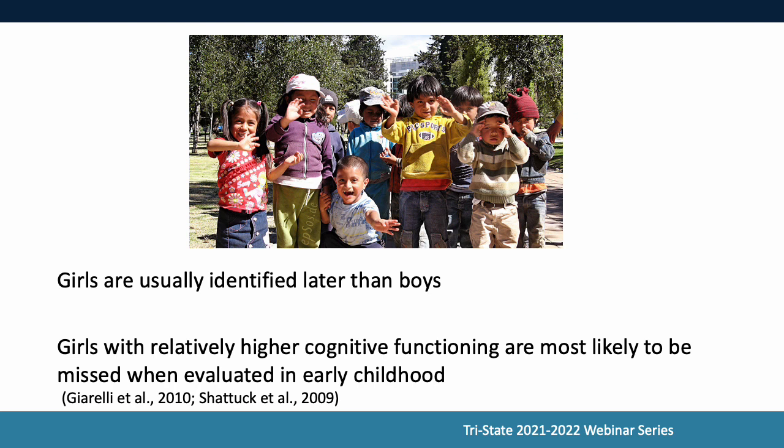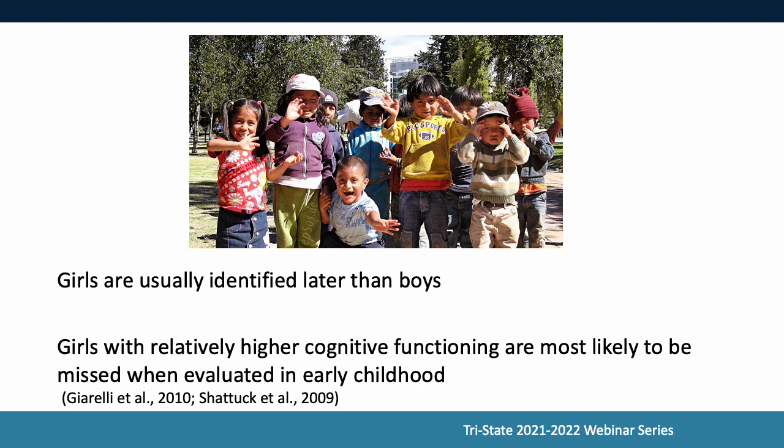It turns out as a field, we're pretty good at identifying females who have cognitive delays with autism. Where we really struggle is in identifying girls who have average or above intellectual capacity. Those tend to be missed during early childhood and aren't identified until the 3rd to 5th grade.